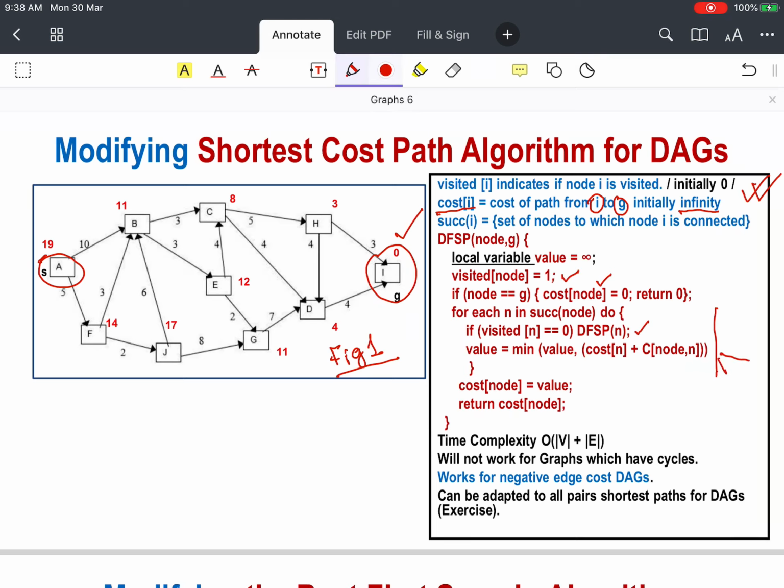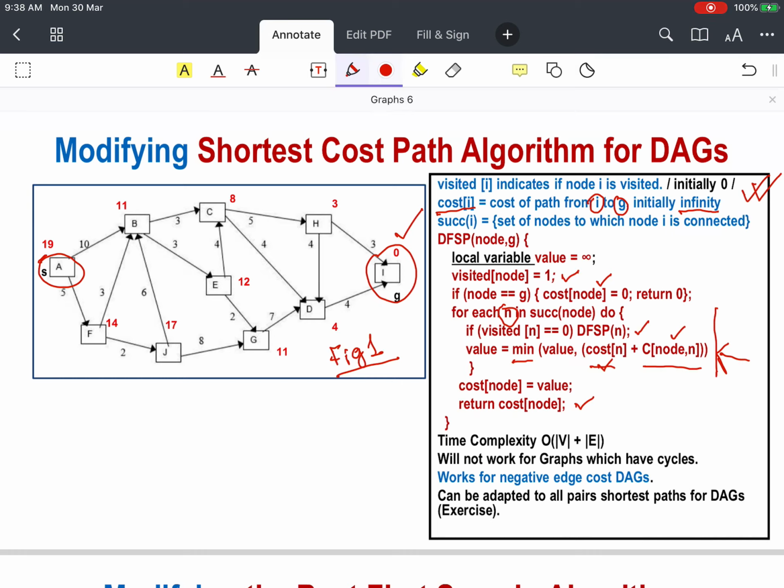And then after returning from every successor, we computed the minimum value of the cost of the successor node and the cost of the edge from that node. So for every successor n, we computed the cost of the successor and the edge cost from this node to the successors, and whatever was the minimum, that was said to be the cost of this node.